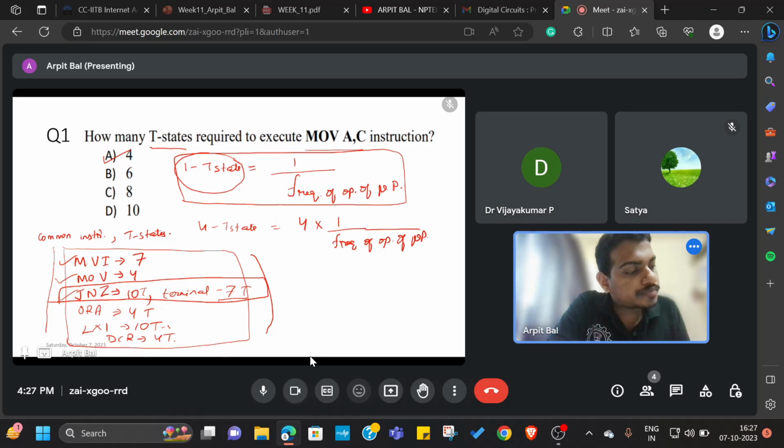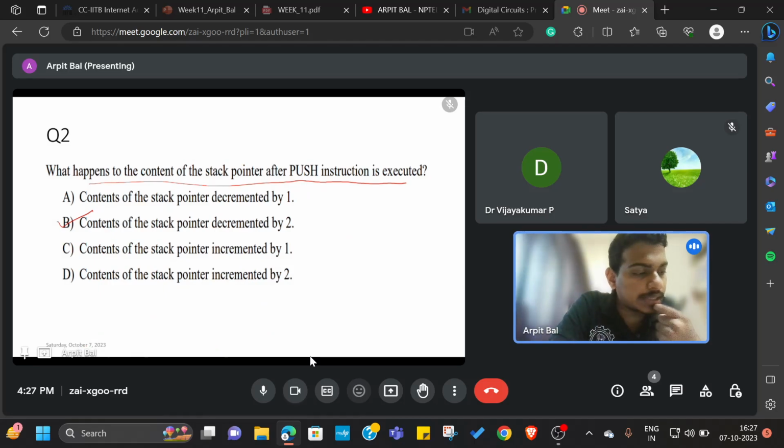One T state is actually 1 by the frequency of operation of the microprocessor. Similarly, 4 T states will imply 4 by F clock, that is, the frequency of operation of the microprocessor.